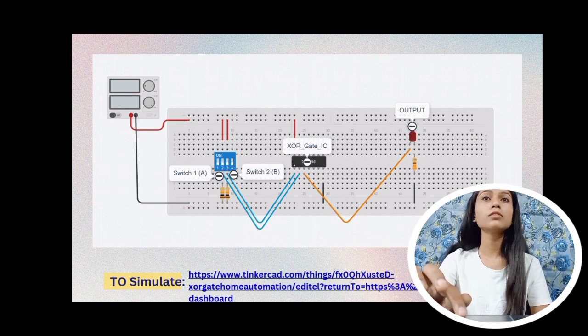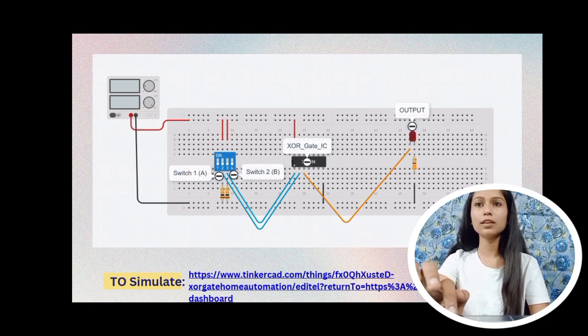When both switches are off, the output is 0. We can see this. When either of the switches is turned on, the output is 1. The LED is turned on. And when both switches are turned on, again we can see the output is 0. The LED is off.